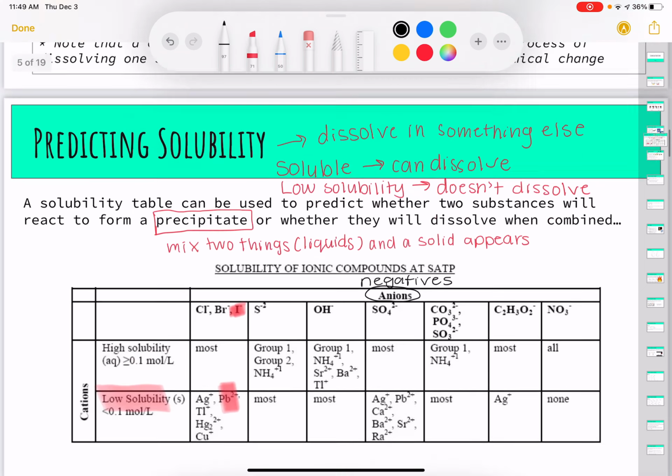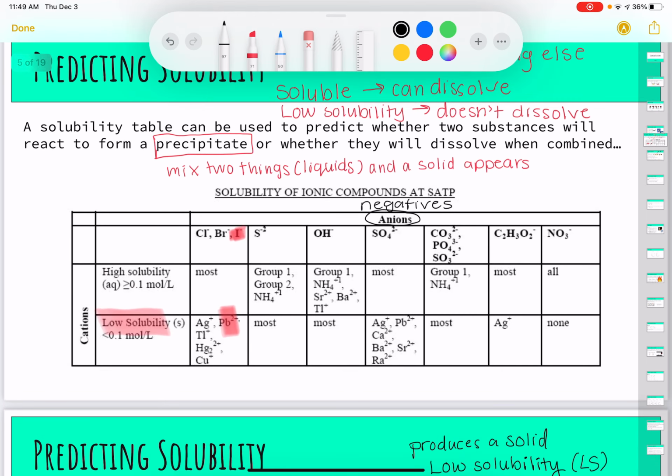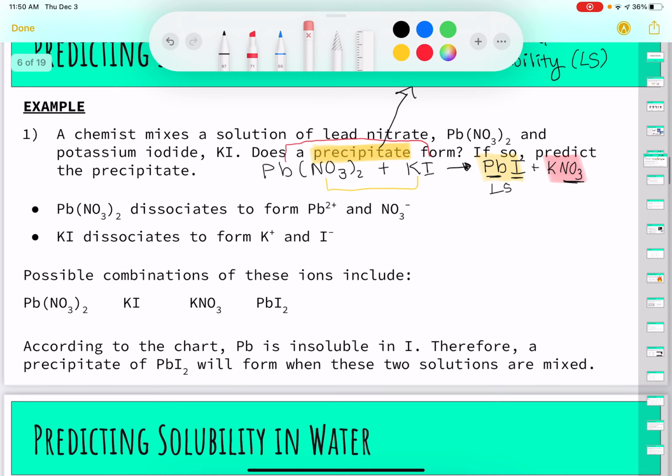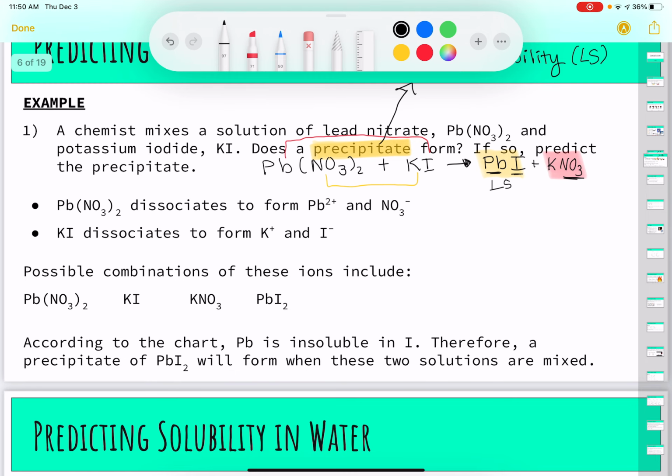So we're going to look up NO3. We see it right here. And it's telling us that everything with NO3 is high solubility. So there's nothing that NO3 doesn't dissolve. So over here, we're going to write HS, for high solubility.